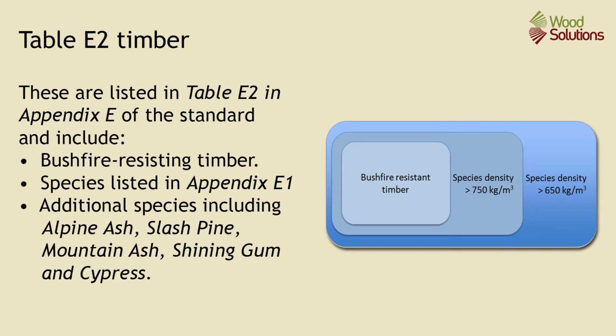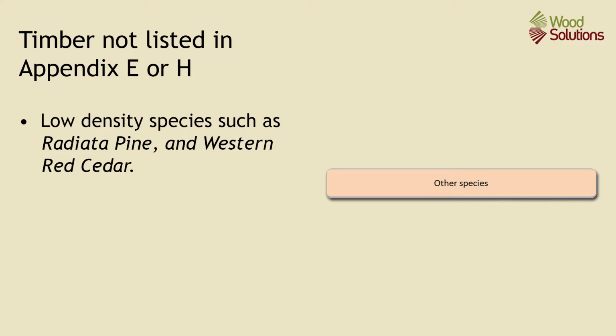These are listed in Table E2 of the standard and include the bushfire resisting timbers and other species listed in Table E1, plus additional lower density species such as alpine ash, slash pine, mountain ash, shining gum and cypress. The last grouping is timbers that are not listed in either Appendix E or H of the standard. These are low density species that include radiata pine, western red cedar and similar species.